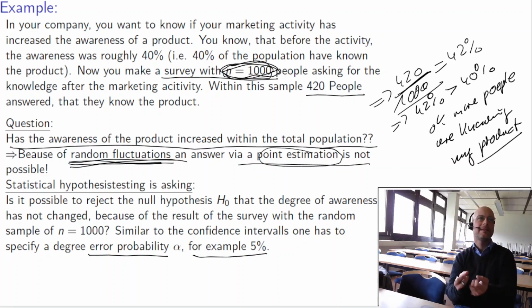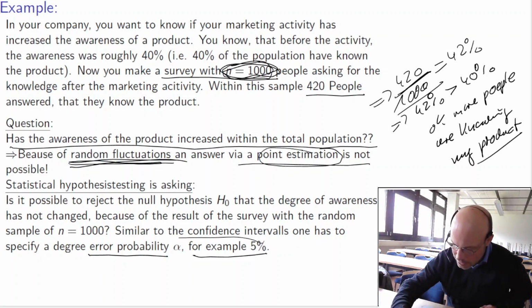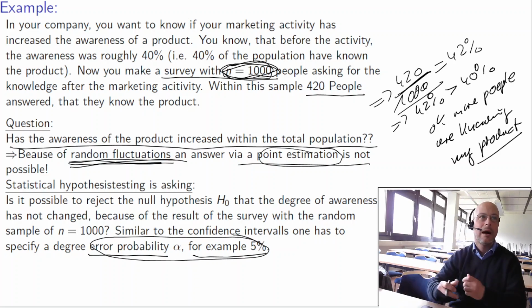So for a confidence level of 95%, we just ask, is it possible to reject our hypothesis that nothing has changed with a probability of 95%. And this we always have to connect: our question and our confidence level or our alpha error.